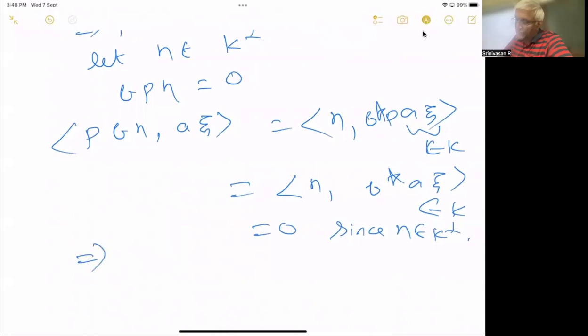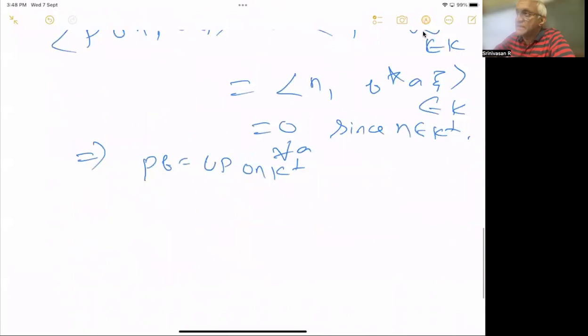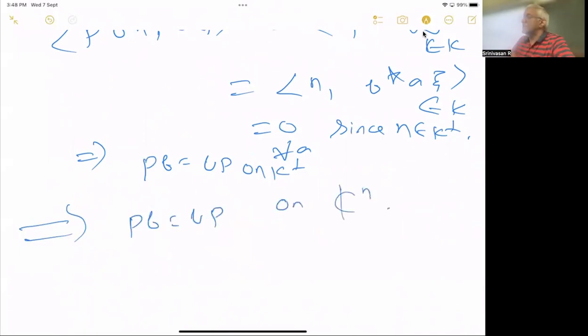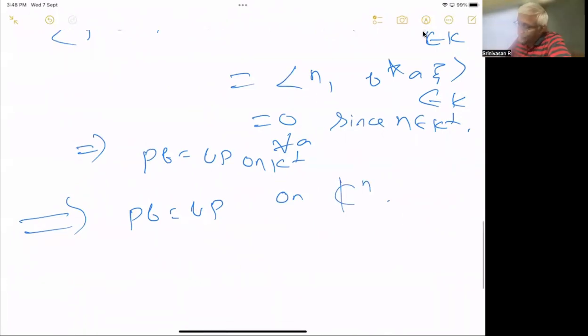This is true for all A. So this implies PB equal to BP on K perp also. So PB and BP coincide on K and K perp. So both these things imply PB equal to BP on C^n. I'm writing each and every word. That's all. This is what it means by P is in A commutant.